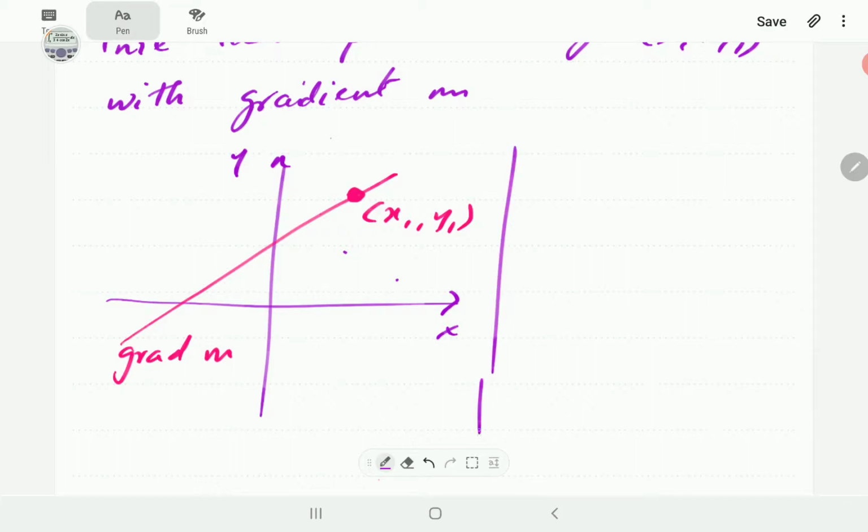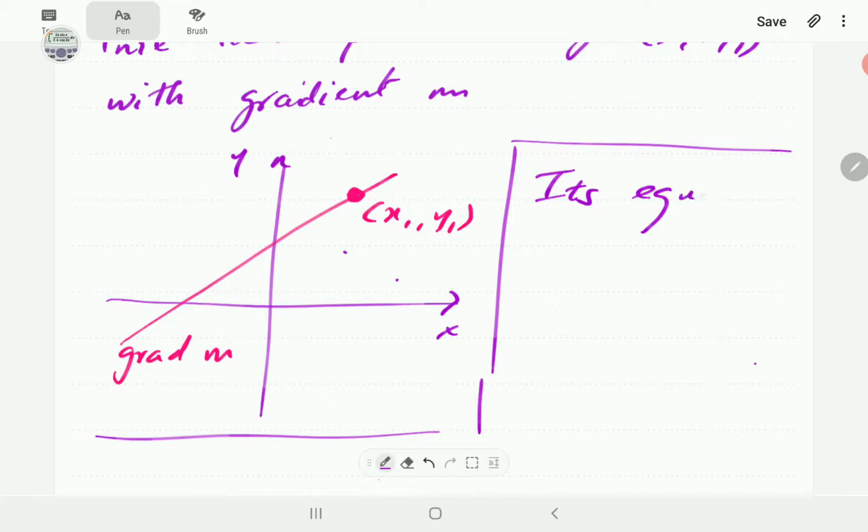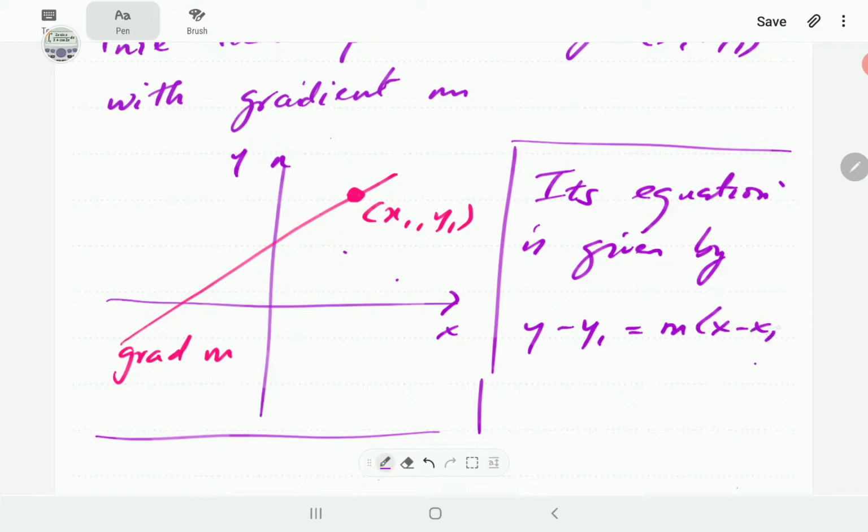So the 1-point form gives the equation of this straight line. Suppose I have got this point. Its equation is given by y minus y1 equals m times x minus x1.